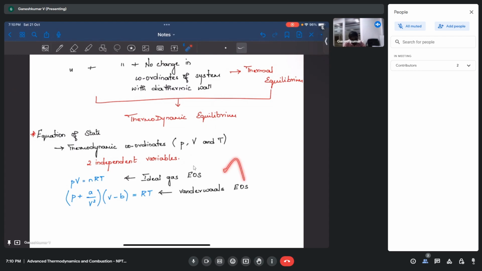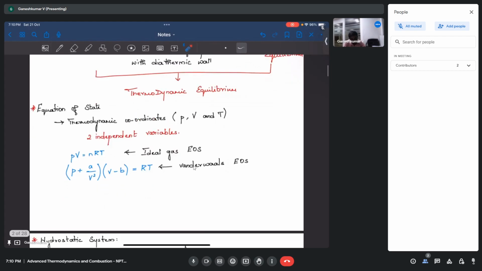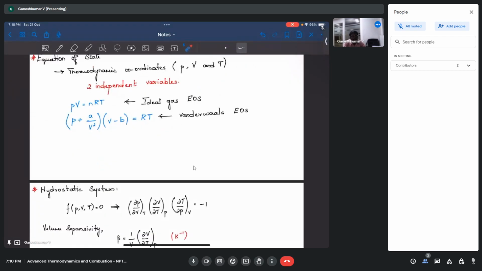We have the ideal gas equation of state, the Van der Waals equation of state, and there are a lot of equations of state depending on the application, whether we are at high pressure, high temperature, or low pressure, high temperature. Based on the thermodynamic variables, each gas behaves with a different equation of state.